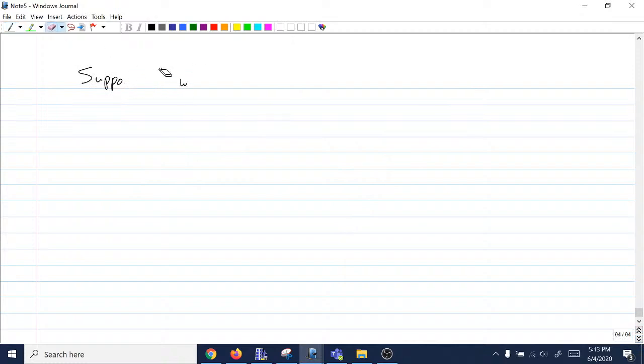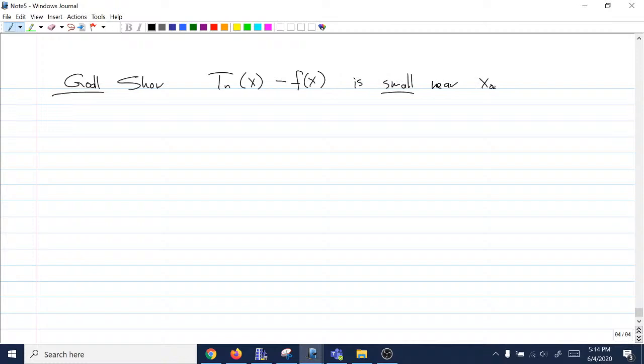So, goal: to show something about how the nth Taylor polynomial of a function minus that function is very small, near x naught, at least.